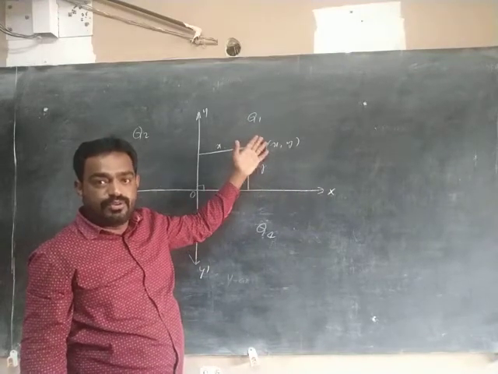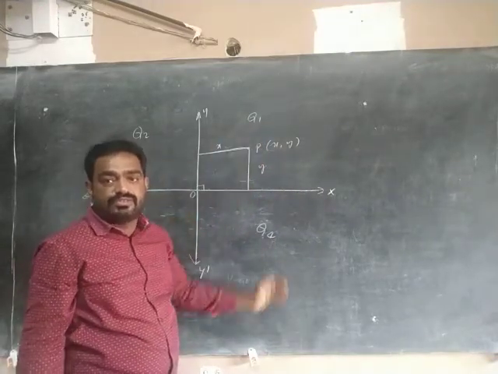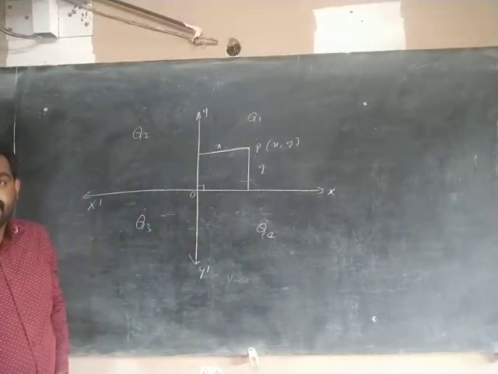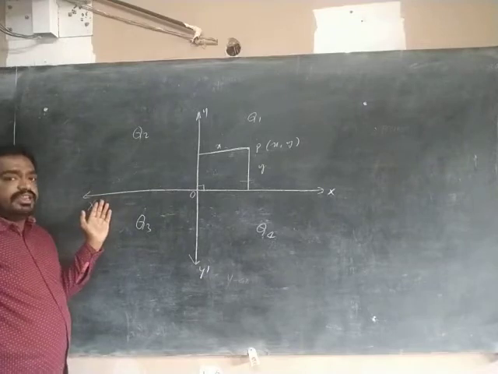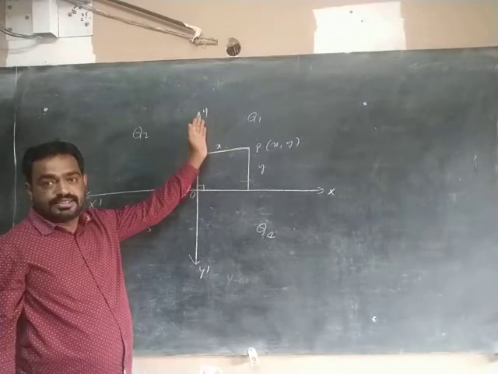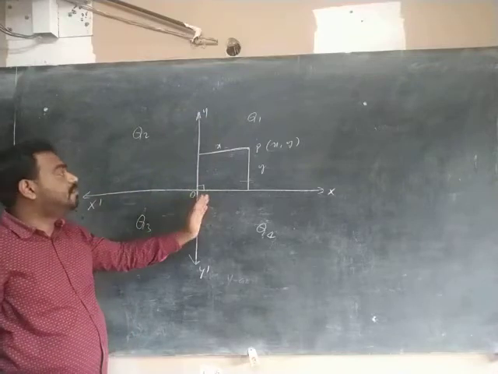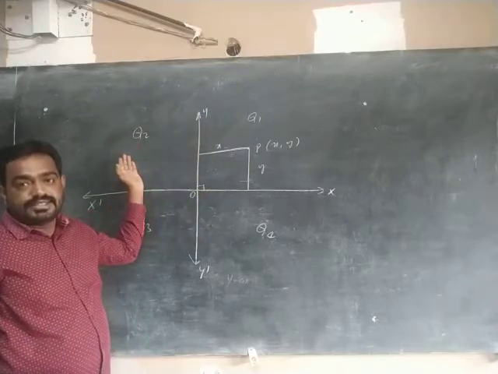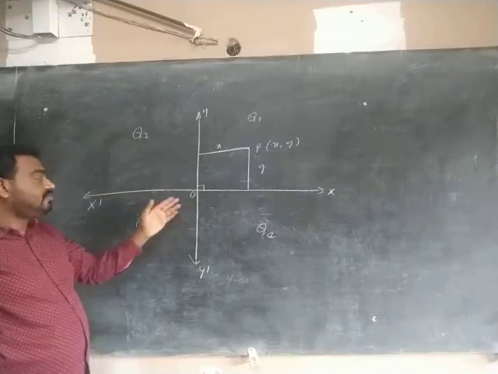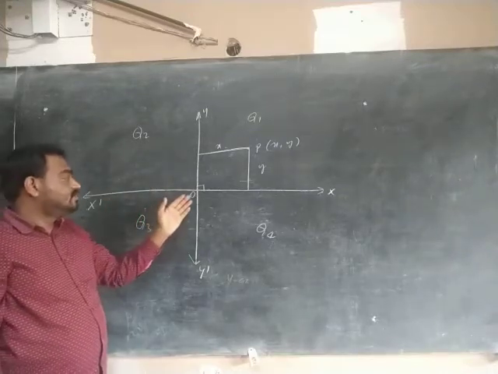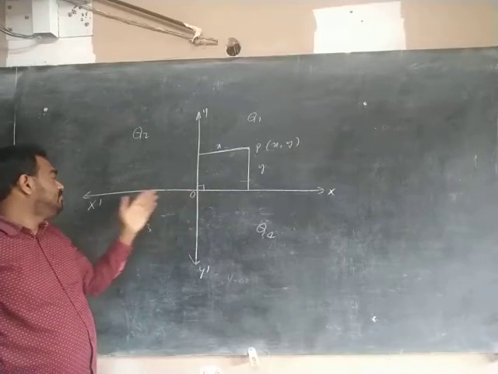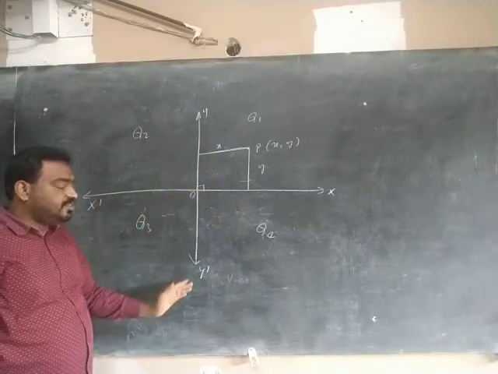Now you may define the second, third and fourth quadrants. The second quadrant is the region between the negative x-axis and positive y-axis. Clear? The third quadrant is the region between the negative x-axis and negative y-axis.